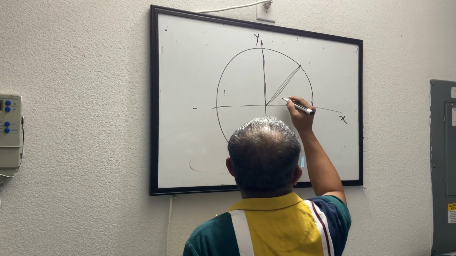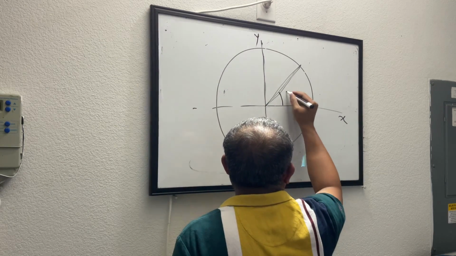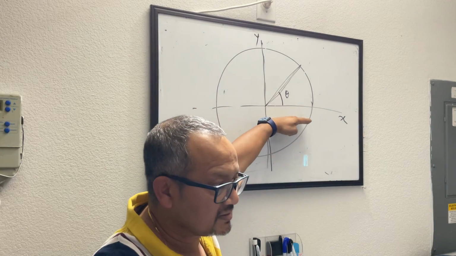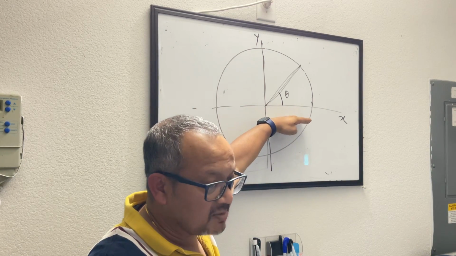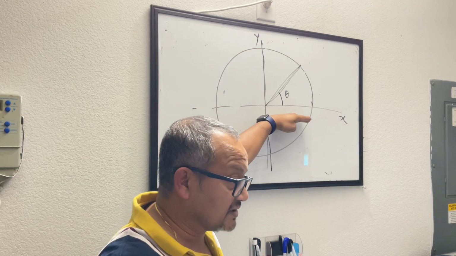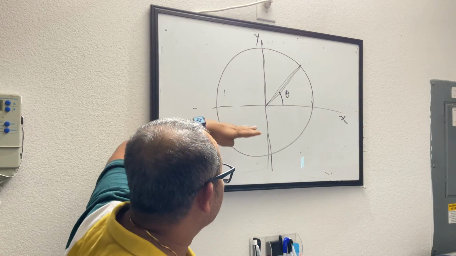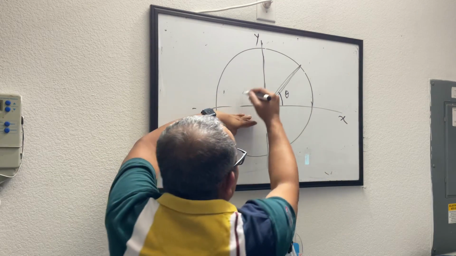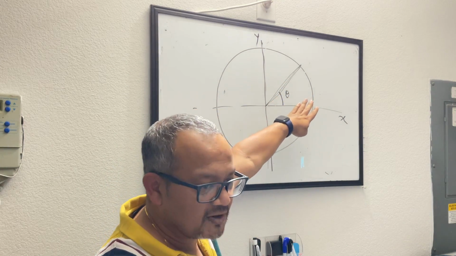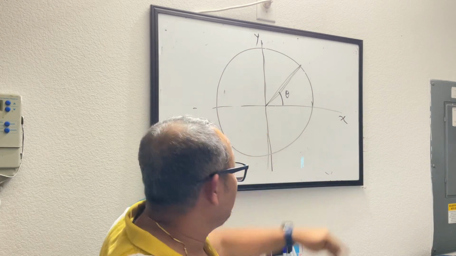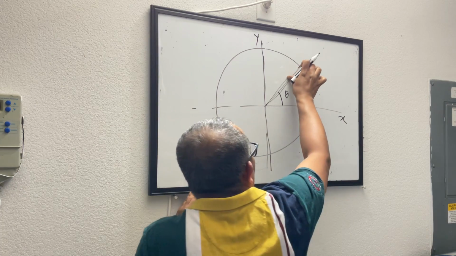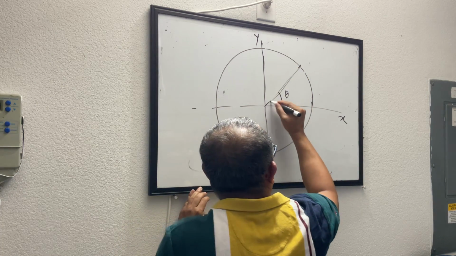And saying that this is making angle theta with the positive x-axis. Mark my words, I am saying this is making angle theta with positive x-axis, because if I say negative x-axis, I am talking about this angle. So far okay? I mean, barring my drawing skills, you guys are going to follow this, right?